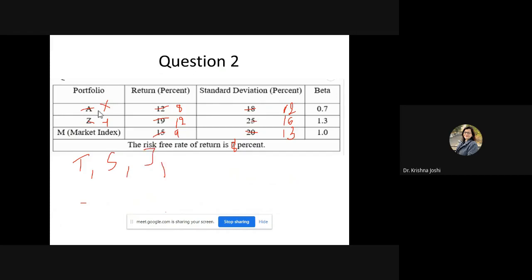I'm giving you only 2 minutes time. You should complete it as soon as you can. Ma'am, risk-free rate is 8%. RFR is 8%.